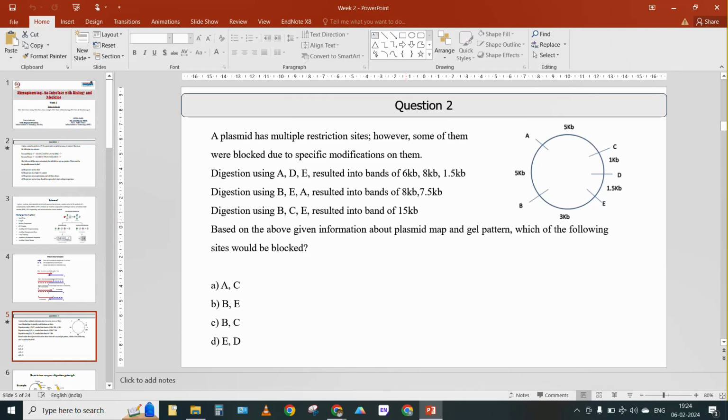And the third digestion, using B, C and E, resulted in a band of only 15 kb. Based on the above information about the plasmid map and gel pattern, which of the following sites would be blocked? Would anyone like to answer this question with specific reasons and explanation?